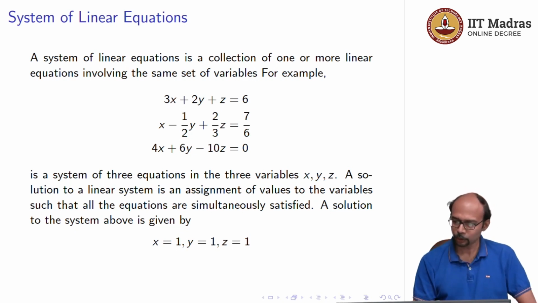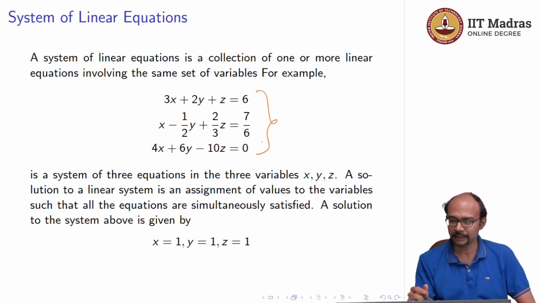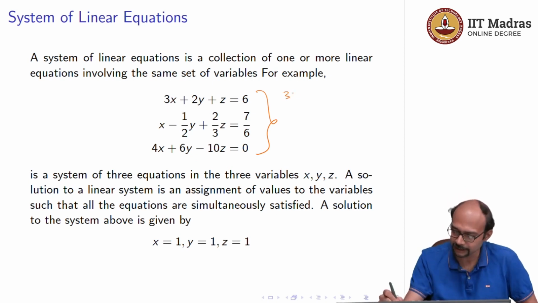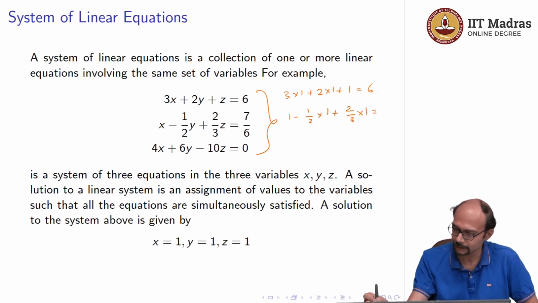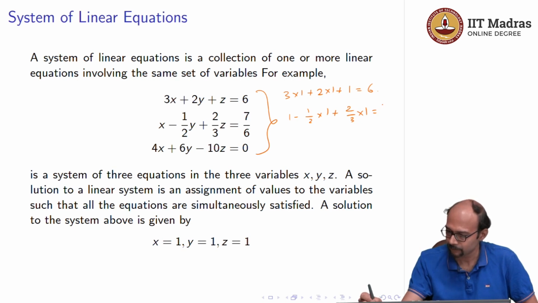So what is the solution to this system of linear equations? That means if you put x equals 1, y equals 1, and z equals 1 in this system, then these equations are solved. Let's check that. 3 times 1 plus 2 times 1 plus 1 is indeed 6. 1 minus half times 1 plus 2/3 times 1, that's 1 minus half plus 2/3, which is indeed 7/6.